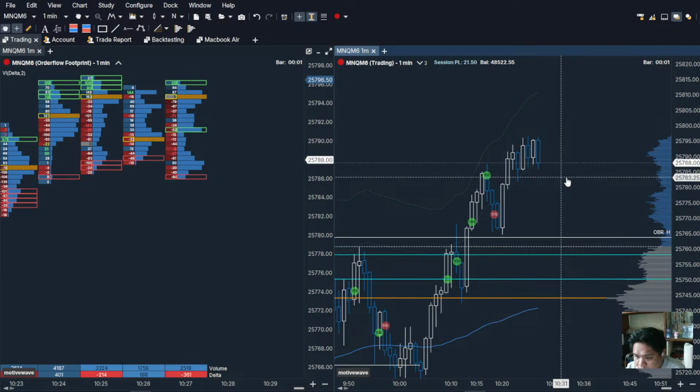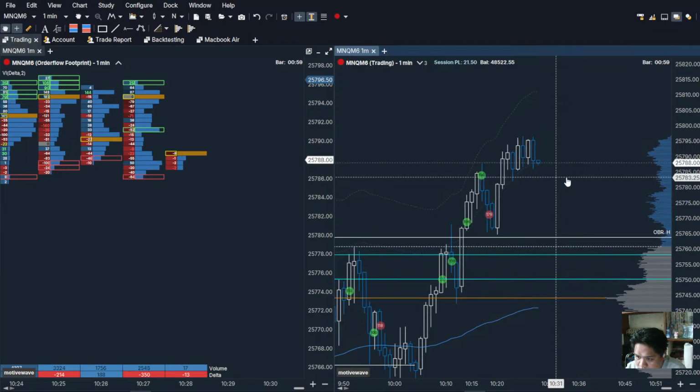Selling. Okay. Looks like we're looking for sells now. Could, but not there yet. Still waiting for things to happen.